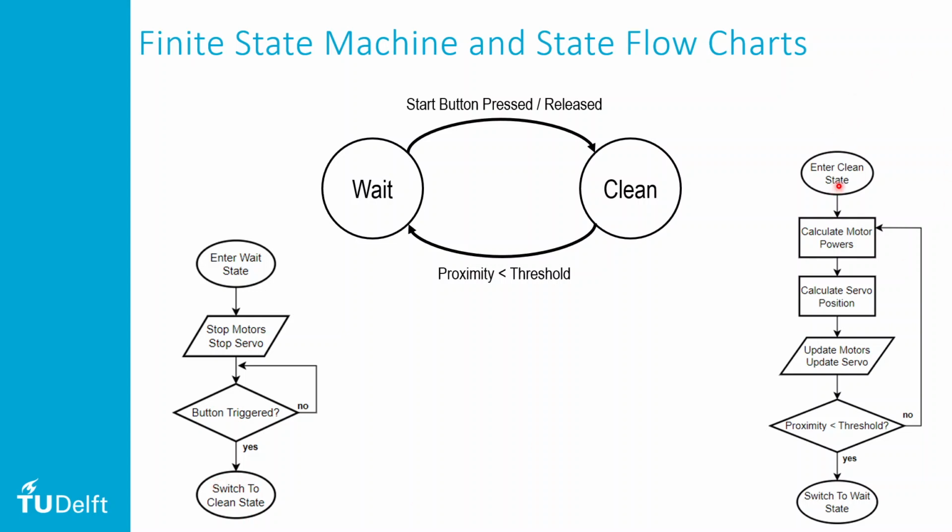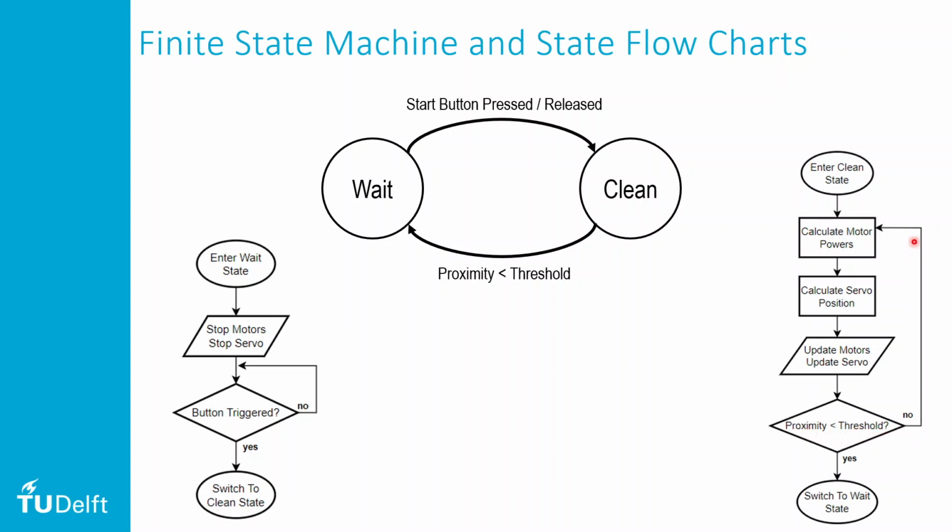So over here, we enter the clean state. Then we want to calculate the necessary powers for the motors, calculate the necessary position for the servo. Then we update the motors and the servos with those values. Then we check our proximity sensor and ask, do we see something within the threshold distance?